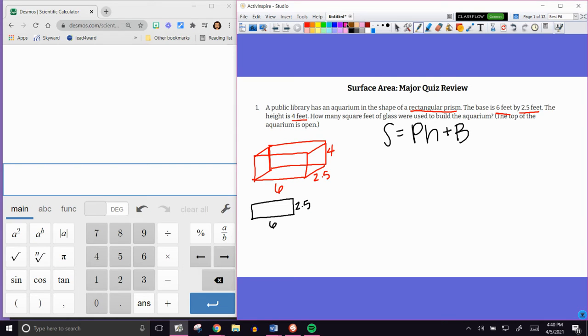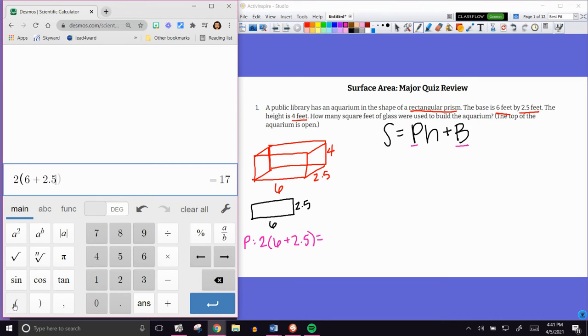That'll let me find my P and my B, or my perimeter of the base and my area of the base. So for perimeter, remember that it's 2 times (6 plus 2.5). When I type that in, 2 times (6 plus 2.5), my perimeter is 17.